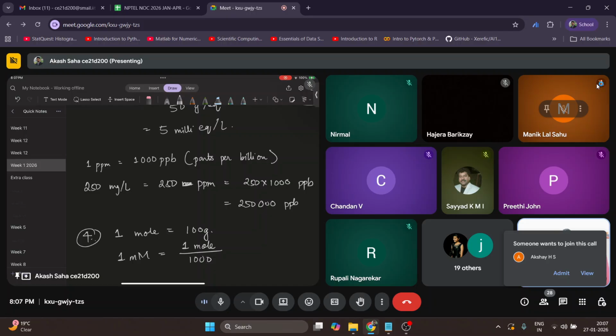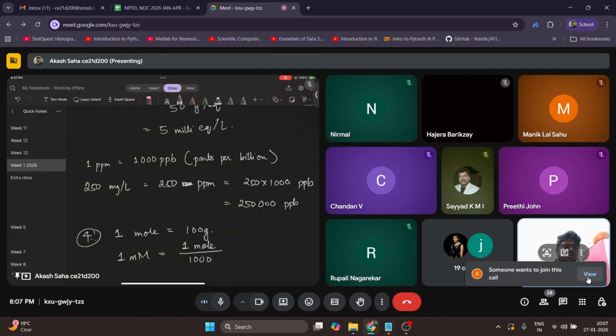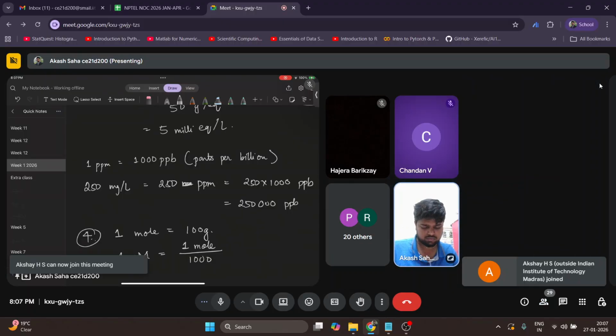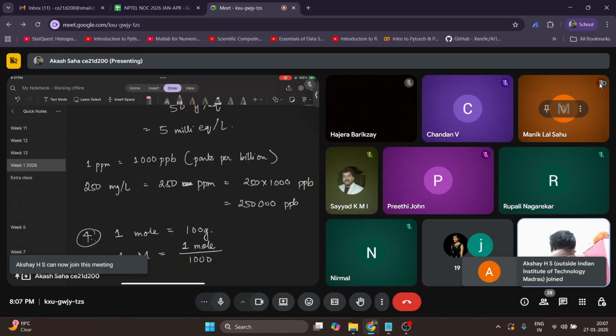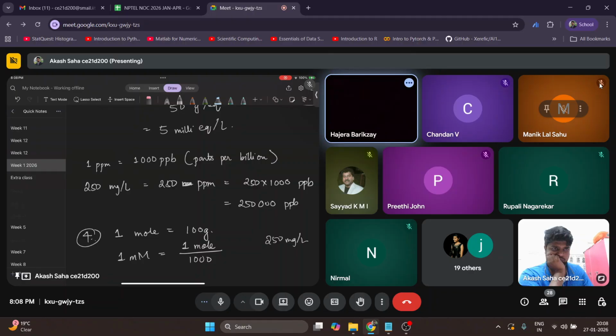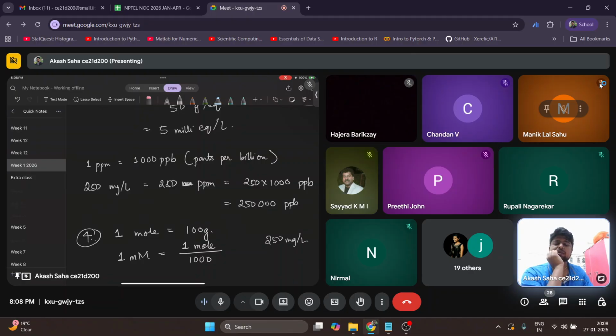So what will be the correct answer here? We have 250 milligram per liter. Can someone explain who has answered it correctly? How to solve this?